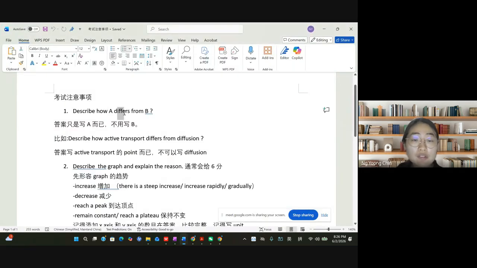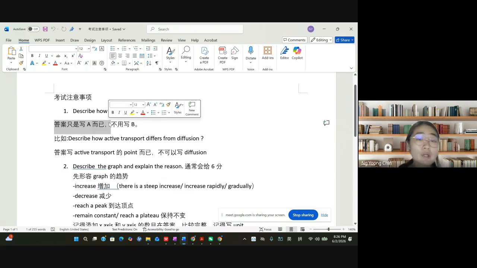A lot of students, right, they just write A compared to B, which is incorrect. Your answer should only be about A. You don't need to write about B. So you just need to answer based on the normal question. No need to write the comparison.